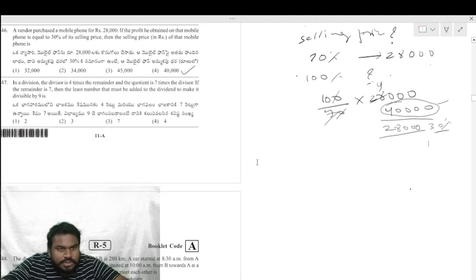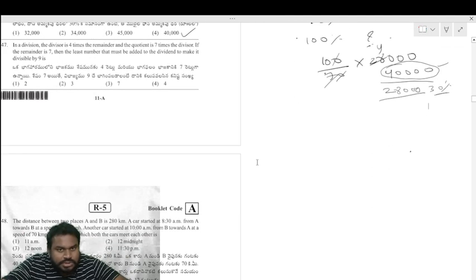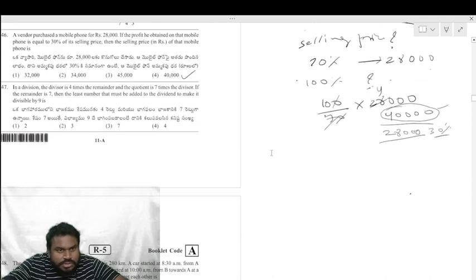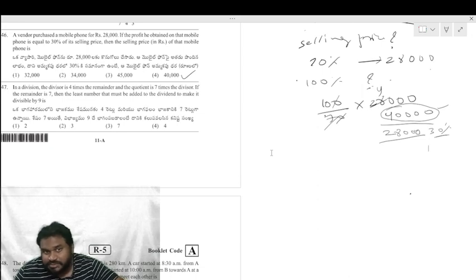Next, 47th question. In a division, the divisor is 4 times the remainder and the quotient is 7 times the divisor.